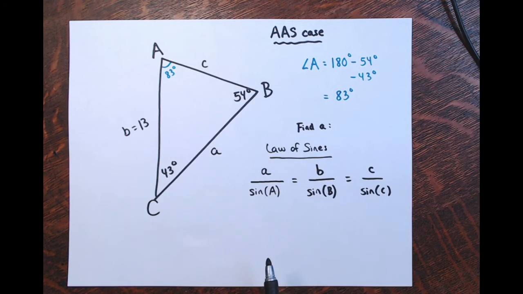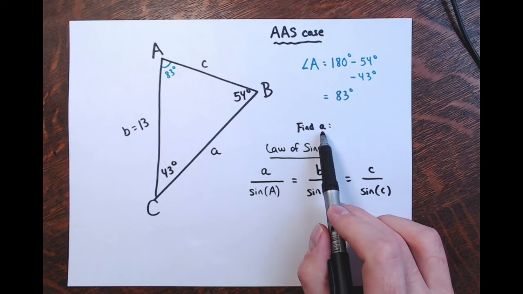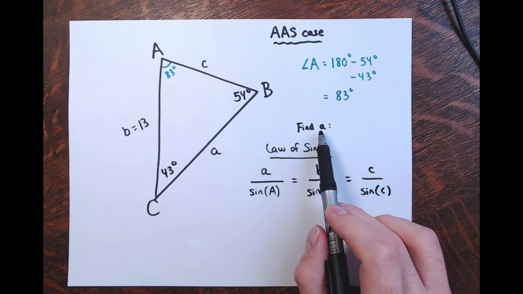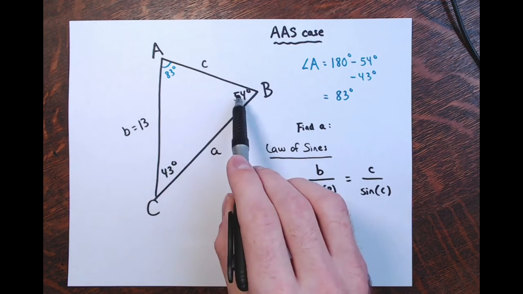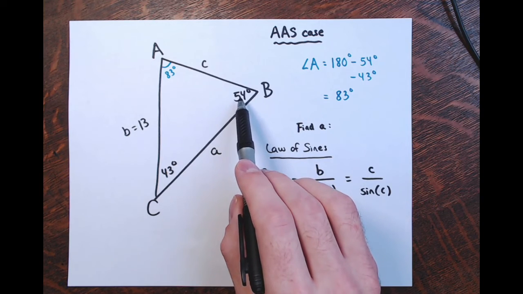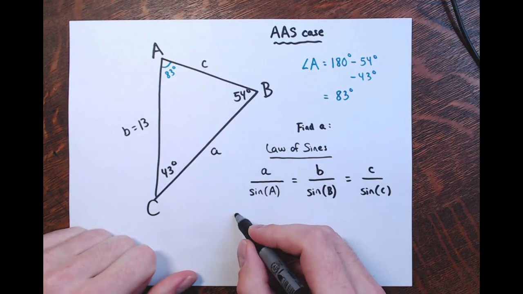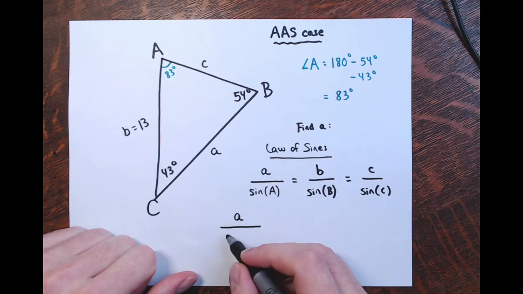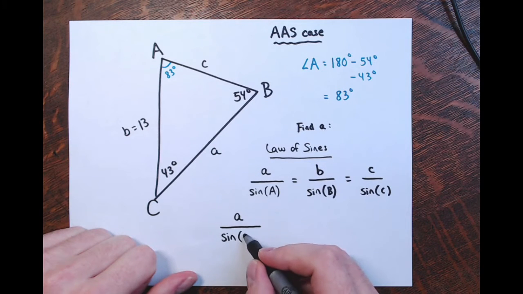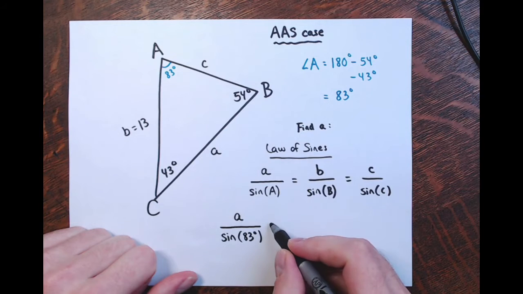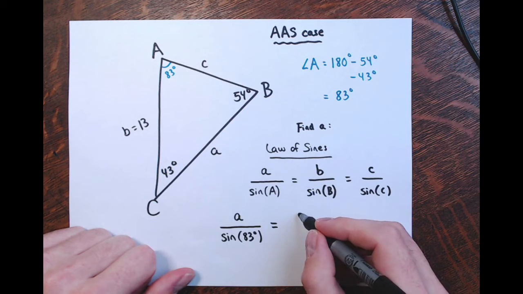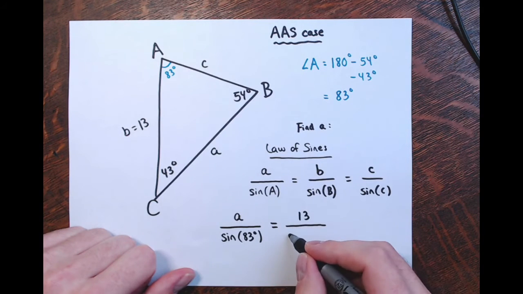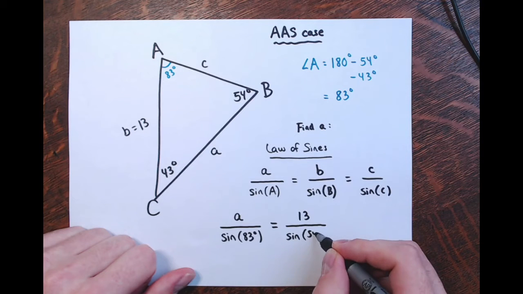I'm only going to pick two of them, because I just want to write one equation where the only missing piece is side a. I know angle A, I'm trying to find side a, and I know both of the B pieces. So little a, which I don't know, divided by the sine of angle A, the sine of 83 degrees, is equal to little b, which is 13 units, divided by the sine of angle B, 54 degrees.